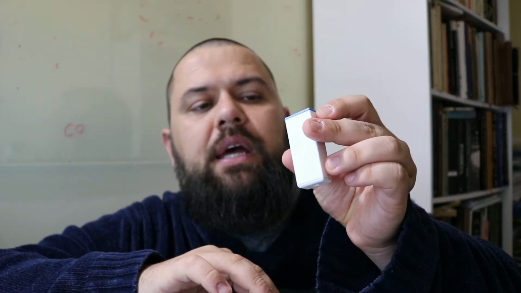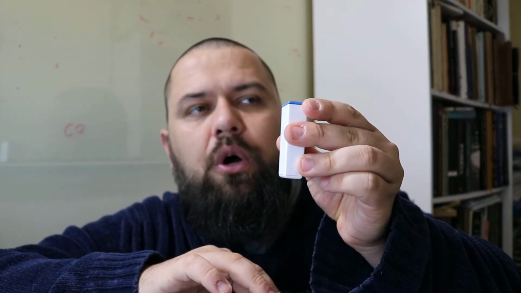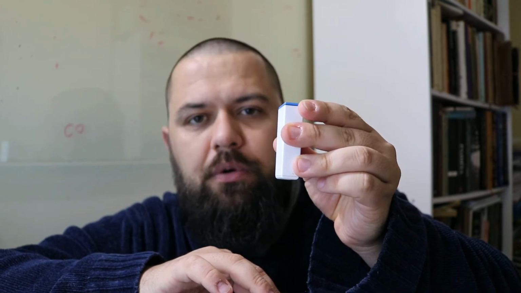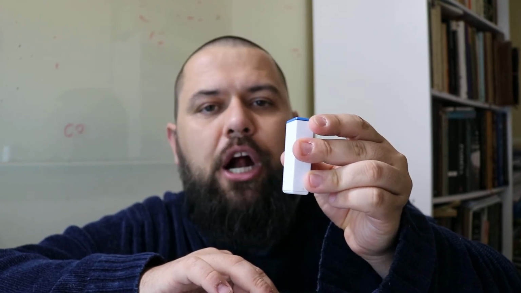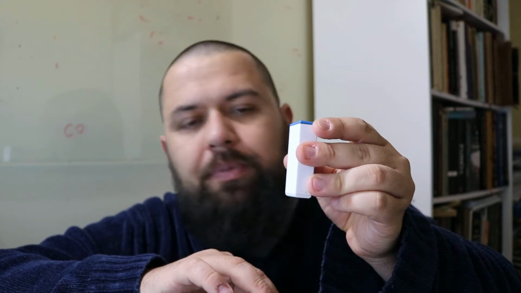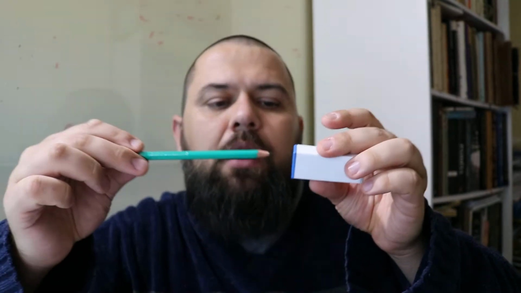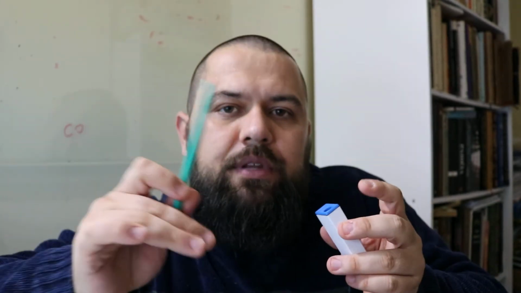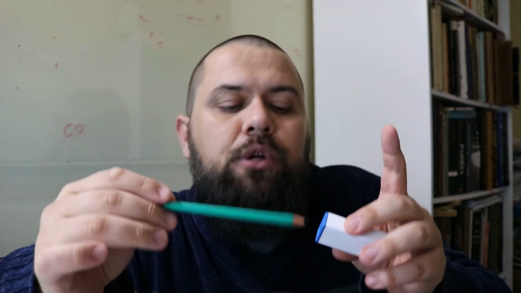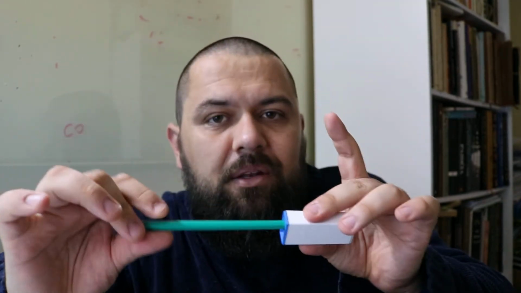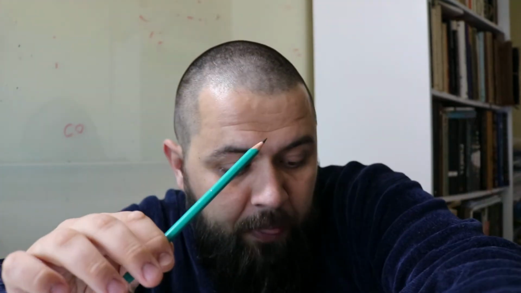I'm going to use this thing here, that, by the way, is not called sharper, right? It's called sharpener. Why? Because now I'm going to make this thing here sharp. So I'm going to sharpen my pencil, and this is a sharpener, right?